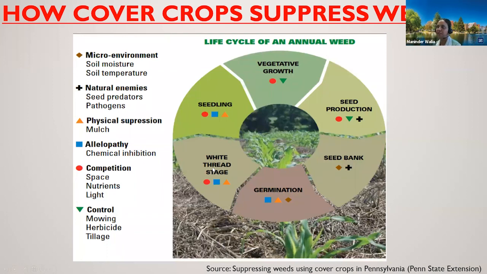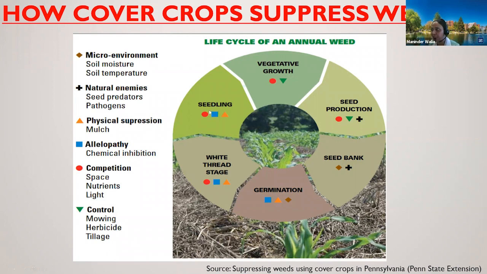Okay, so next, let's learn about how cover crops can suppress the weeds. Cover crops can suppress the weeds in multiple ways that affect specific stages of an annual weed's life cycle. It starts with the seed bank, then goes with the germination. Then we have the white thread stage, which is when you can't see most of the leaves, but the seed looks like a white string in the ground.